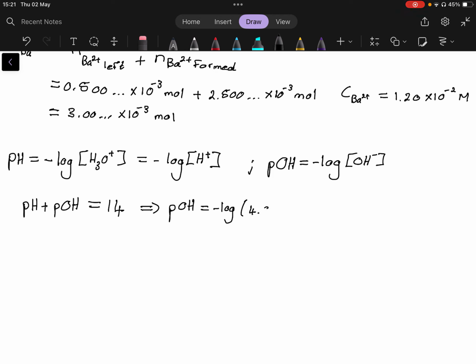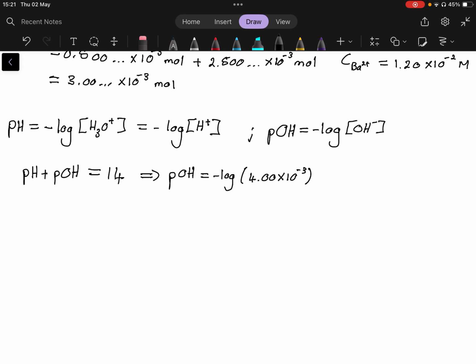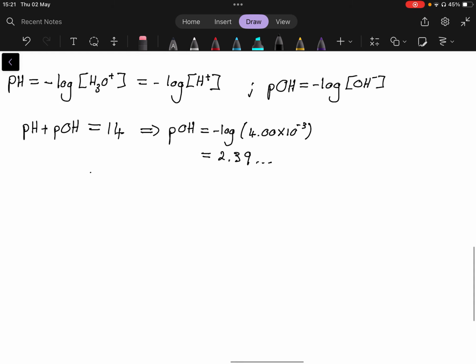So that's 4.00 times 10 to the negative 3. You will get a value of 2.39 and some numbers.